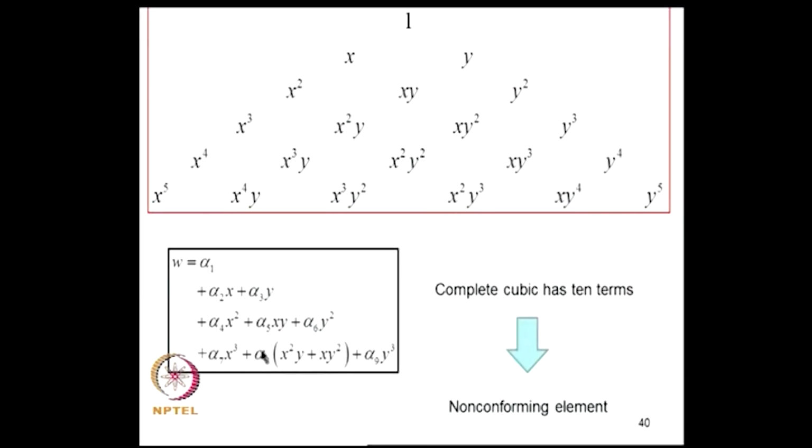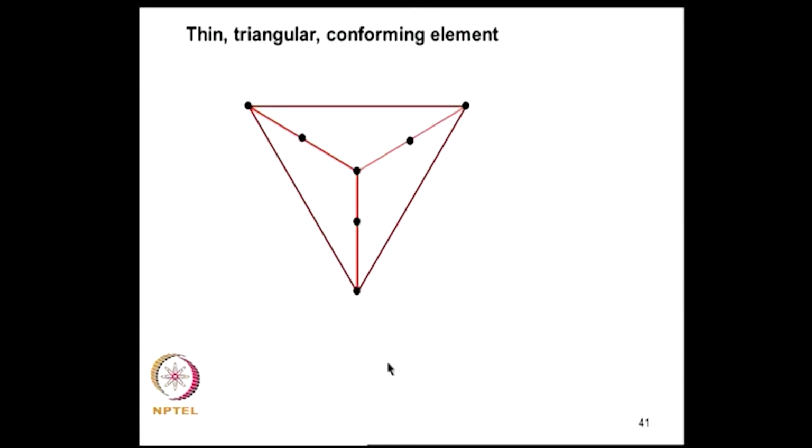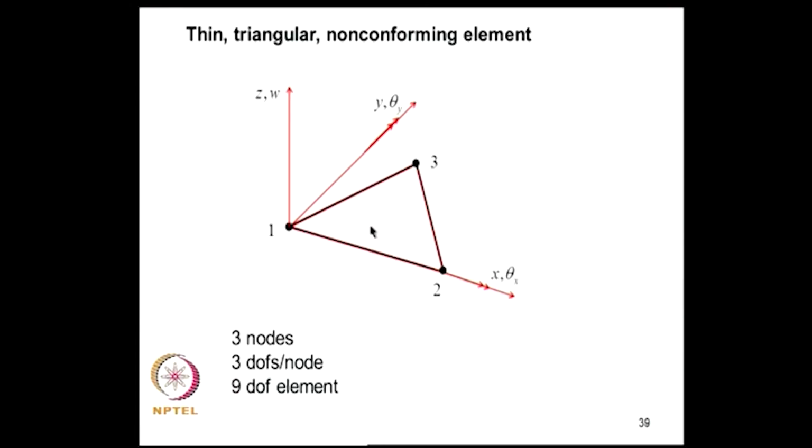So, we are retaining the complete cubic term, but these are not associated with independent generalized coordinates. Okay. So, we can develop this element and we can show that this will not be a conforming element. Again there will be a problem in satisfying the continuity of slopes normal to the surfaces on the edges. So, this will again be a non-conforming element.